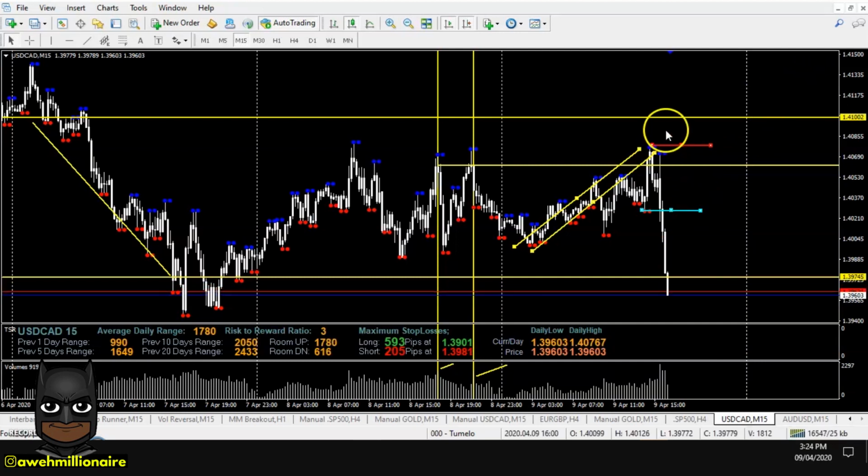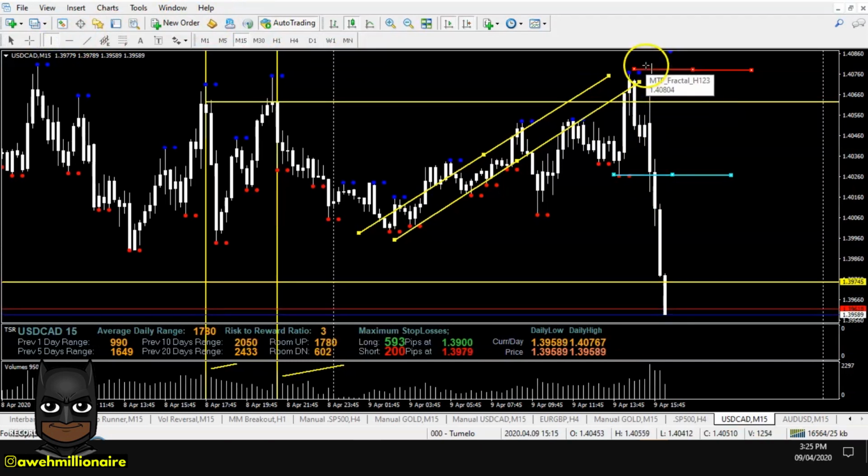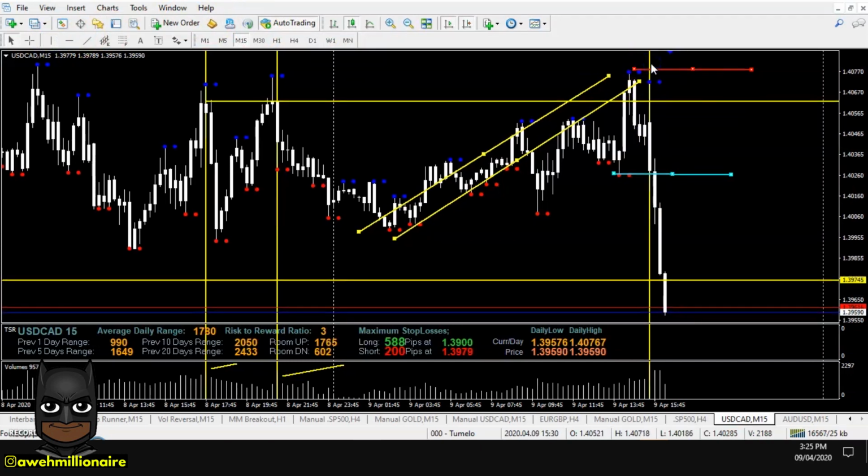Price came, bounced off the supply level, and as the news came out, this is very important. Not only did price test the supply level, it came and tested the supply level skibbity pap with high volume.